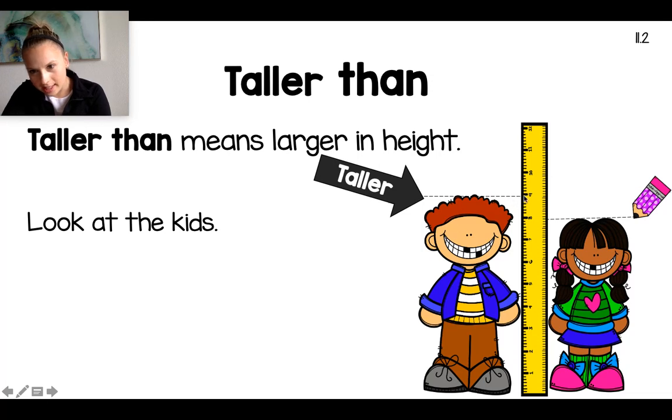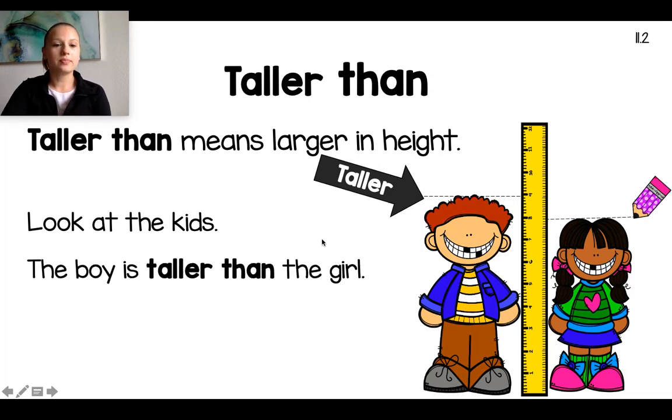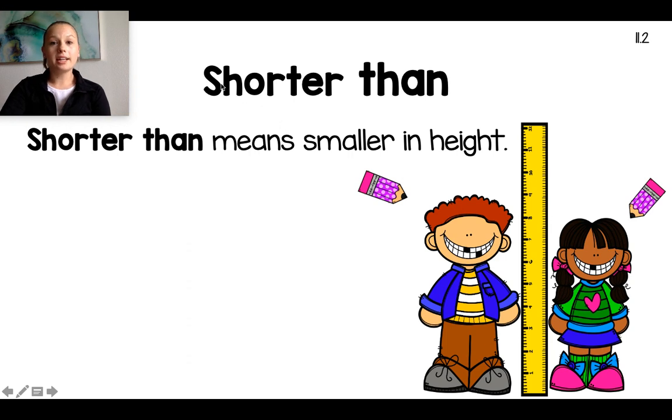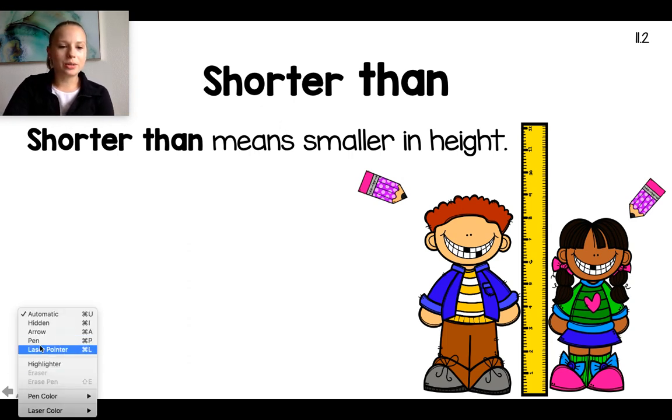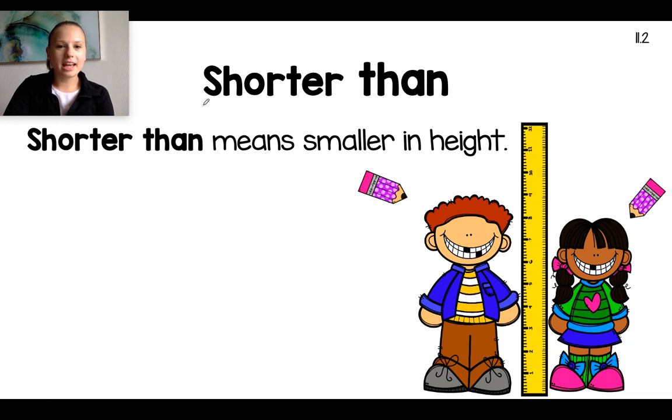Do you see how high his line is and how low hers is? The boy is taller than the girl. Very nice. The next term we're going to learn is, do you remember I told you yesterday that the SH makes a secret sound? Shh. Is shorter than.